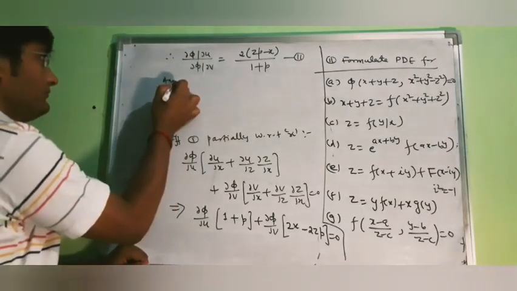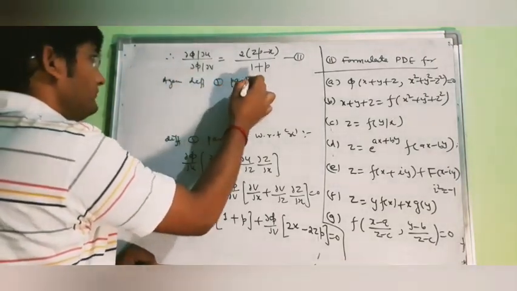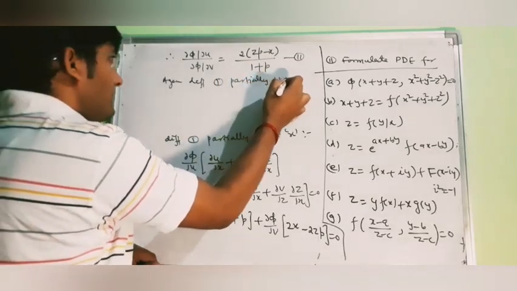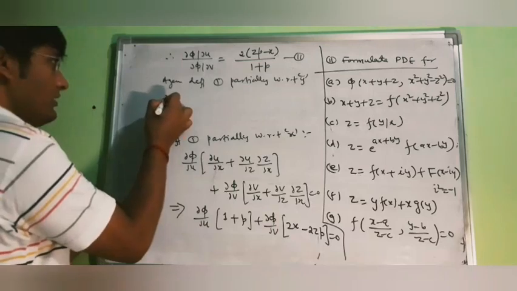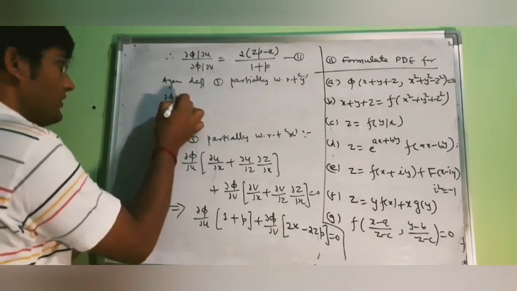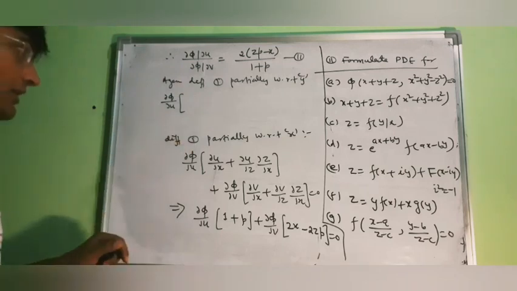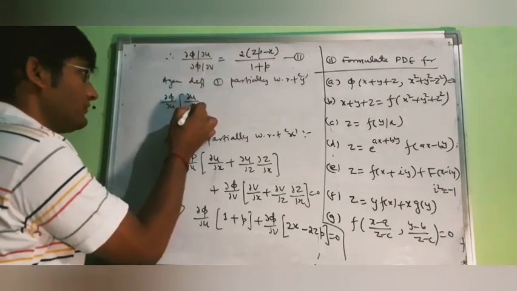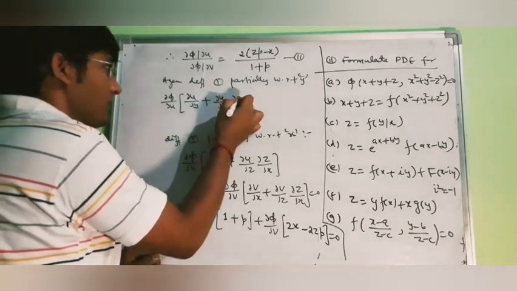Again, differentiating 1 partially with respect to y. Now if we differentiate 1 partially with respect to y, we will get del phi upon del u, and then the differentiation of u with respect to y, that will be your del u upon del y plus del u upon del z into del z upon del y.